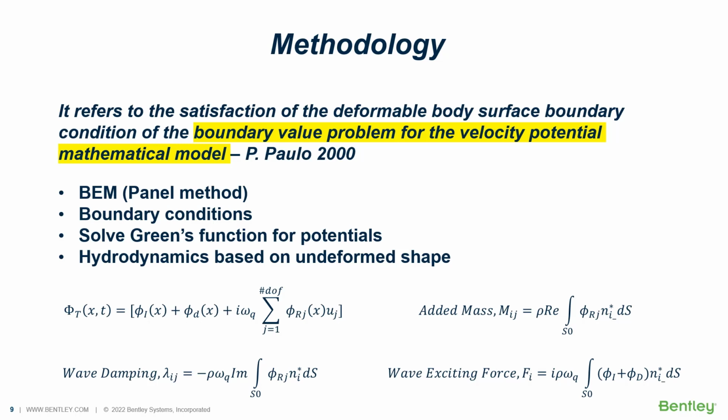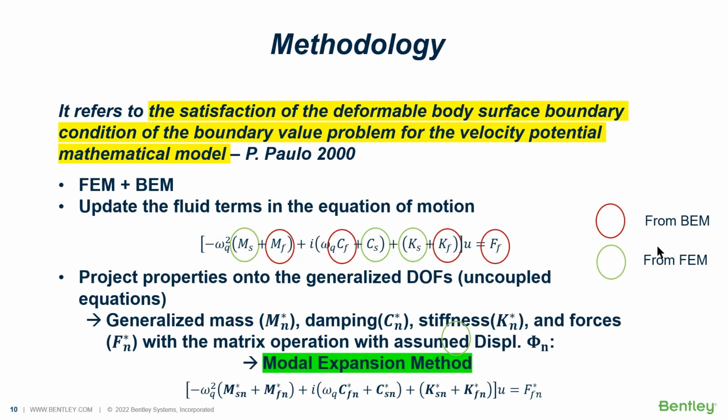Once we finish the eigen analysis with the structural solver and this hydrodynamic analysis with the hydrodynamic solver, the next step is to connect them together. Those hydrodynamic and structural properties are plugged into the motion equation.